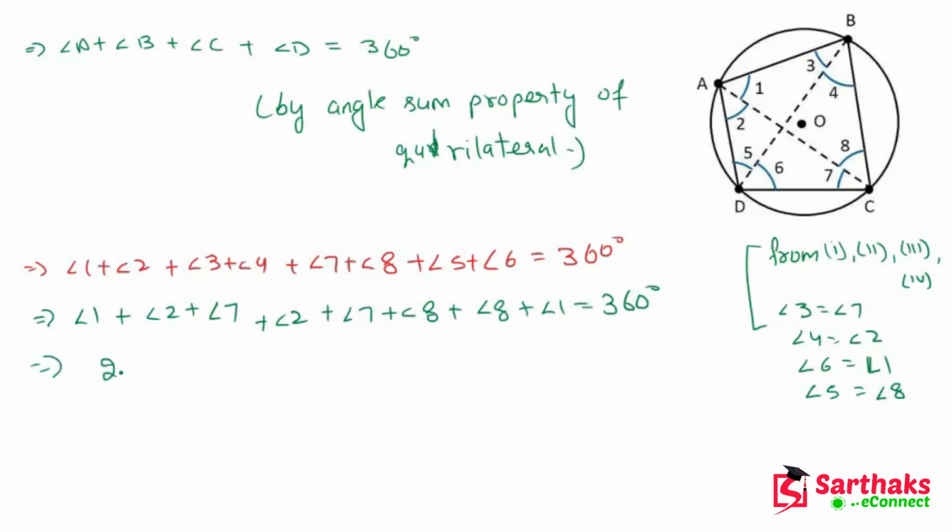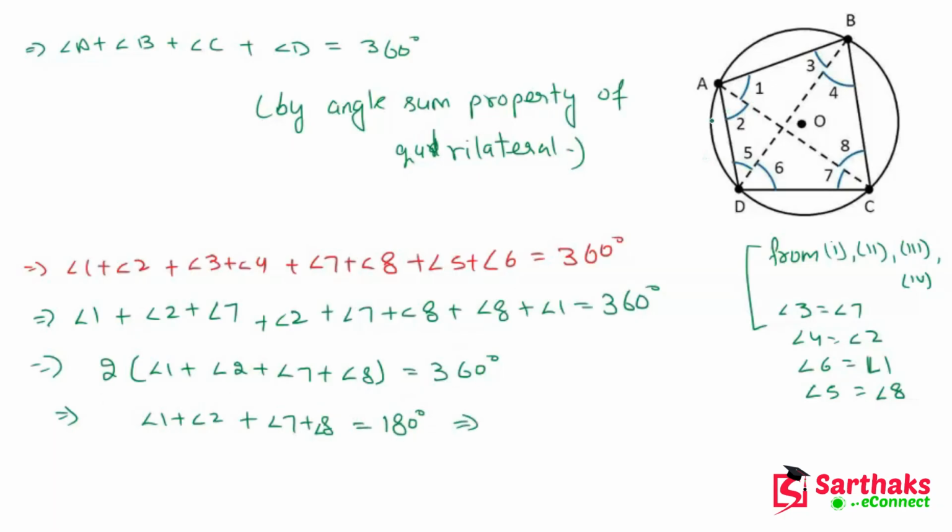So this becomes twice of angle 1 plus angle 2 plus angle 7 plus angle 8 equals 360 degrees. Dividing 360 by 2, we get angle 1 plus angle 2 plus angle 7 plus angle 8 equal to 180 degrees.